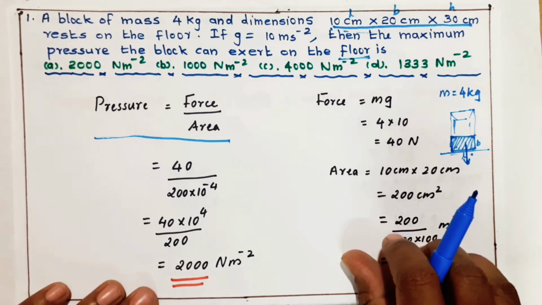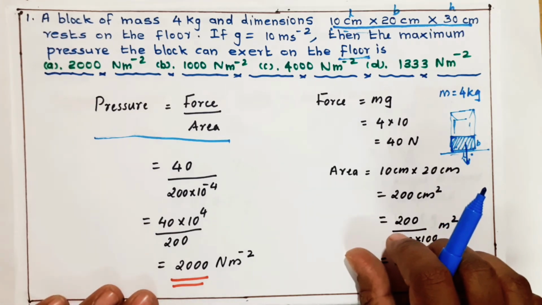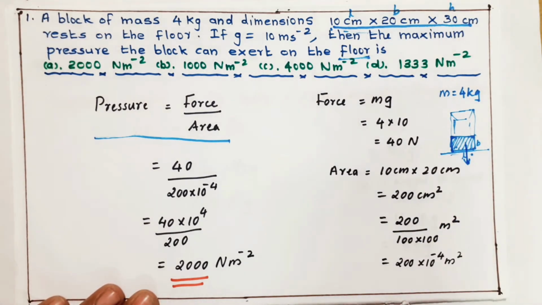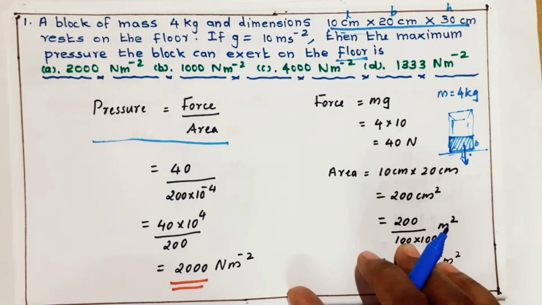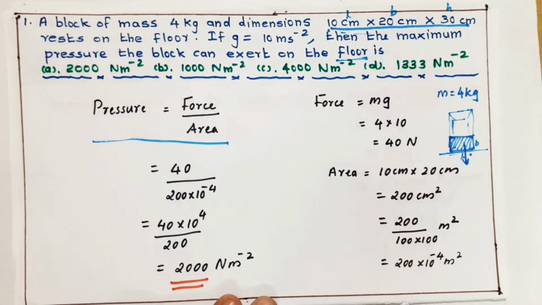I discussed mass and weight in one video. In that I told you the weight is nothing but the force exerted on the body by the earth, or due to the acceleration due to gravity of the earth, we get the weight. Even our weight is nothing but the force with which the earth is pulling us.